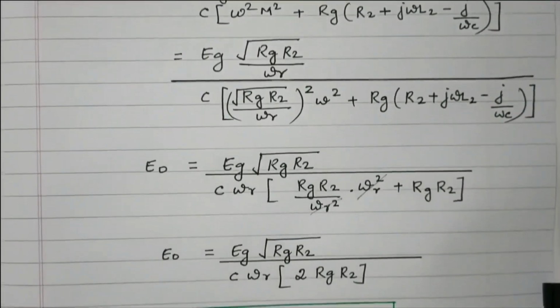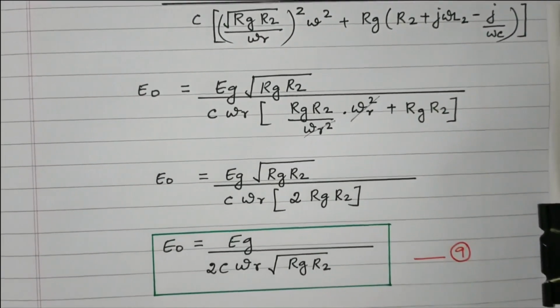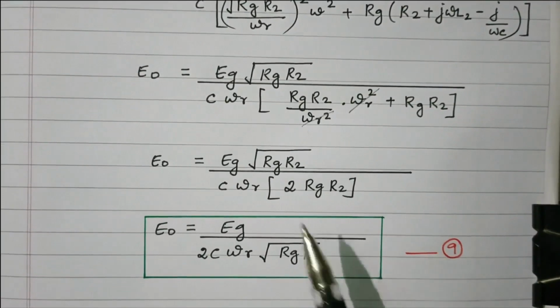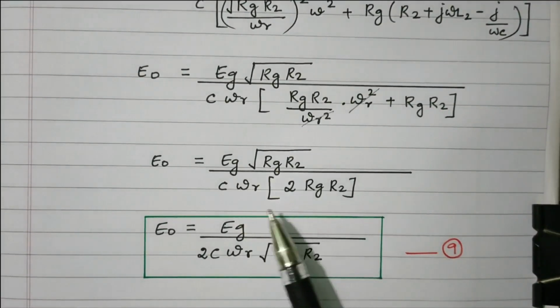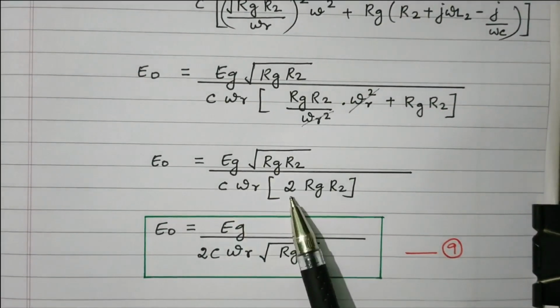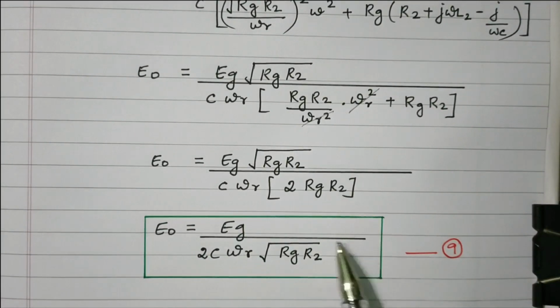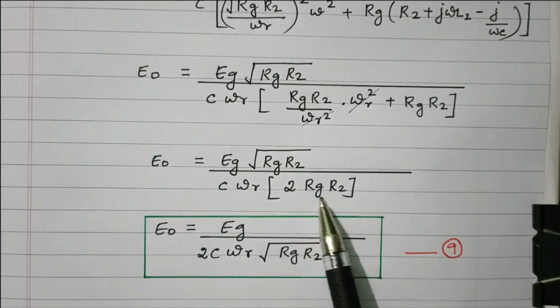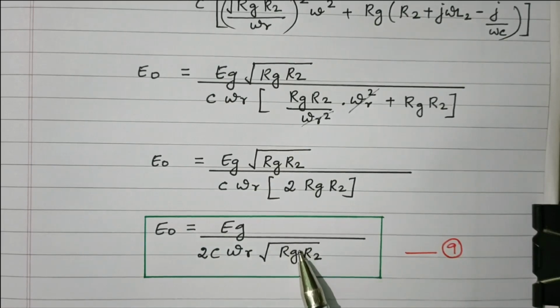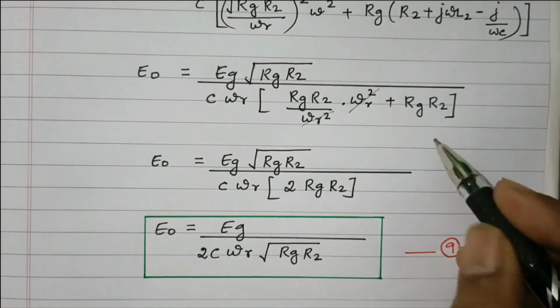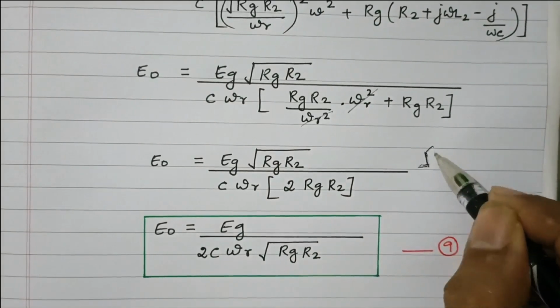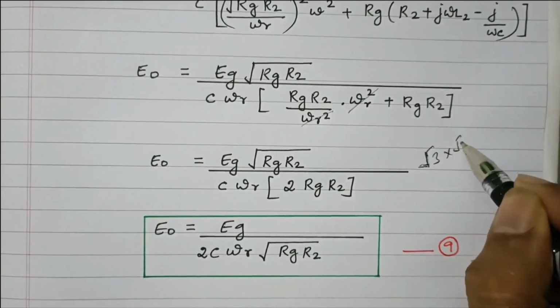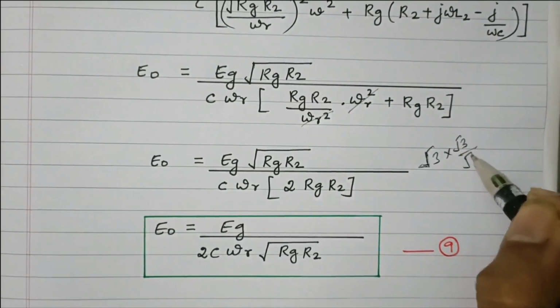So what we got finally? Eg square root of Rg R2 divided by C omega r 2 Rg R2. So that is nothing but Eg. So here the square root of Rg R2 is available, here Rg R2 is available. So we can write like this. For example, the root 3 can be written as multiplied and divided by another root 3.